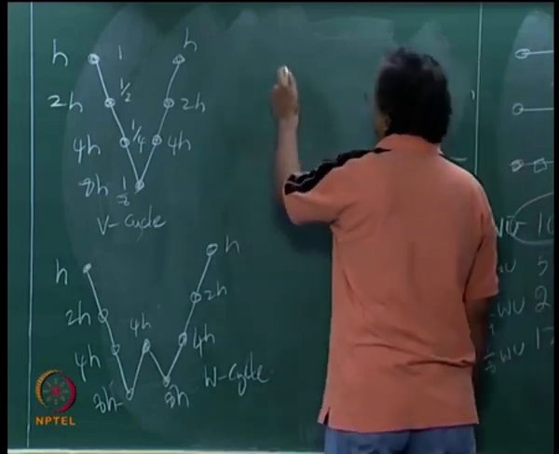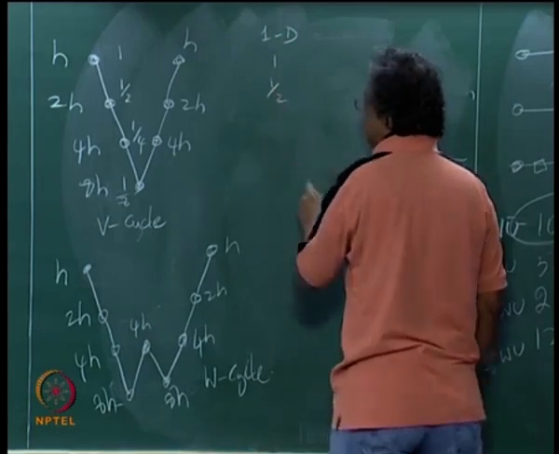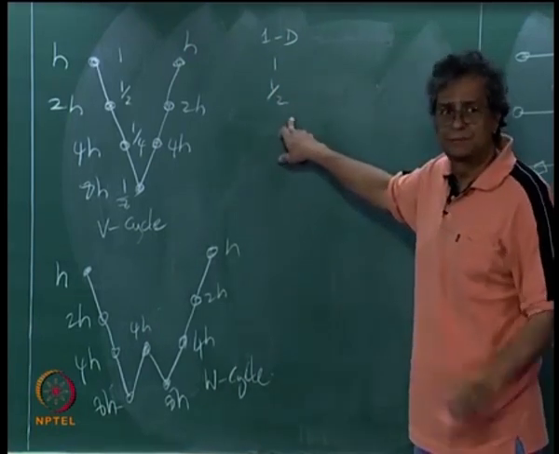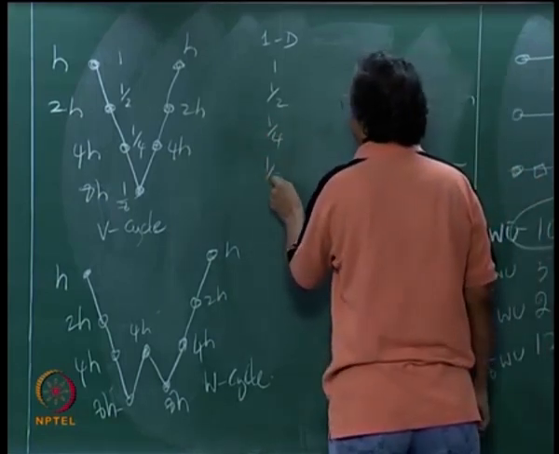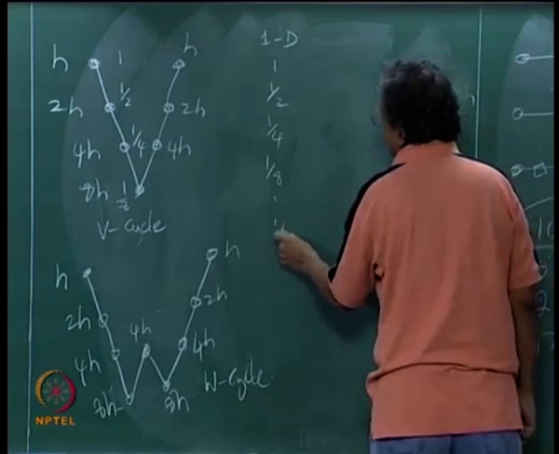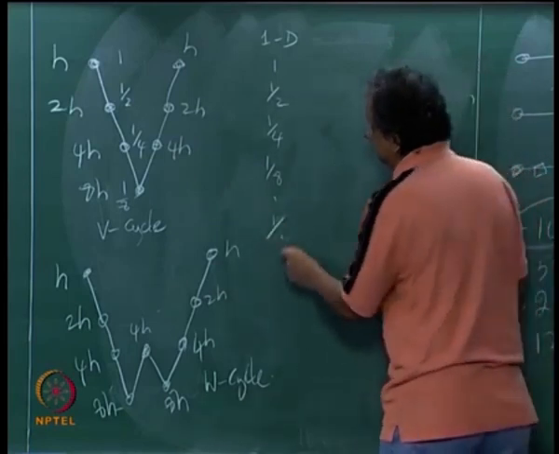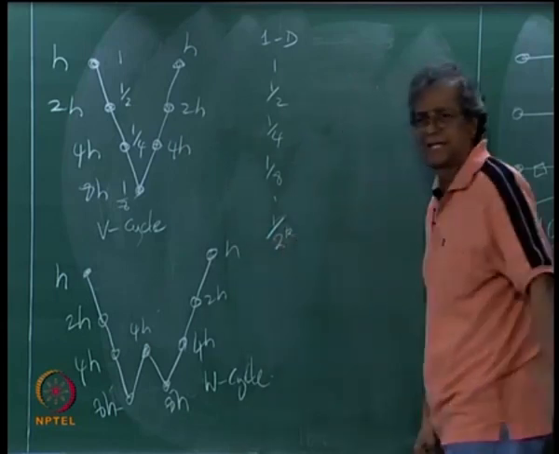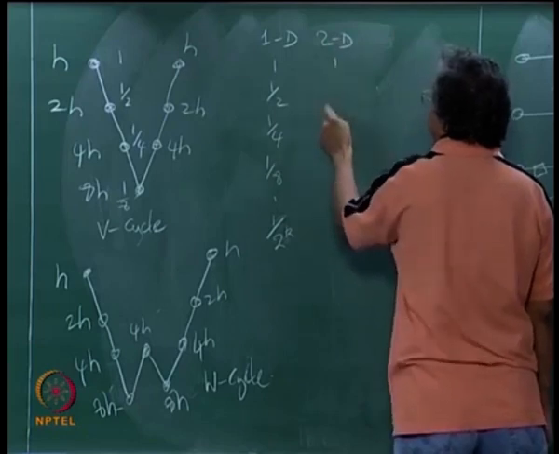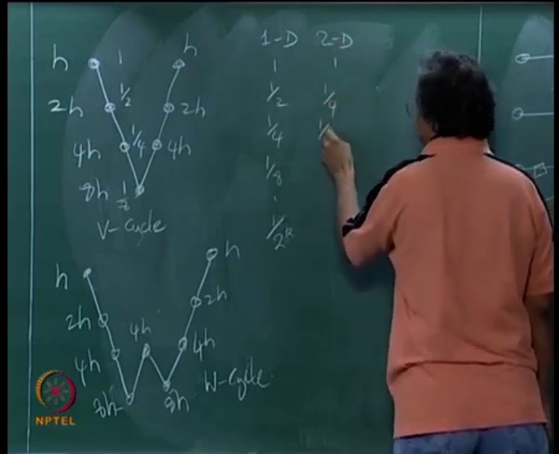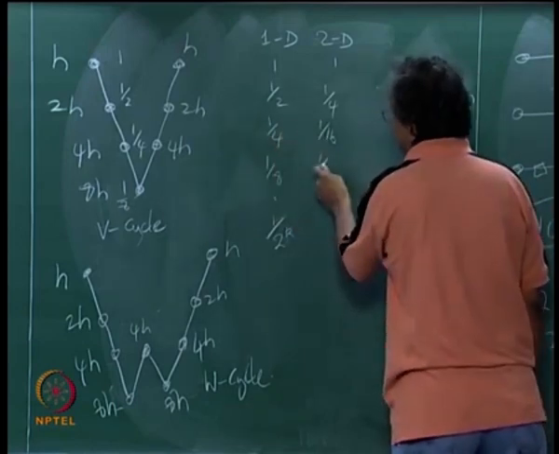So in one dimension, this is work units per sweep or time step or iteration or whatever, 1 by 2 power k kind of a thing, like 1 by 2 to the D.